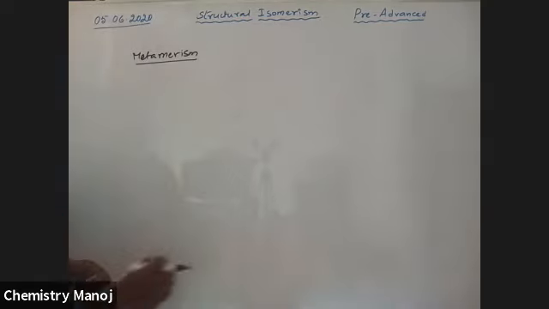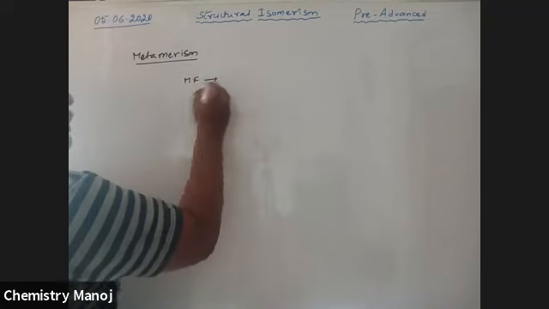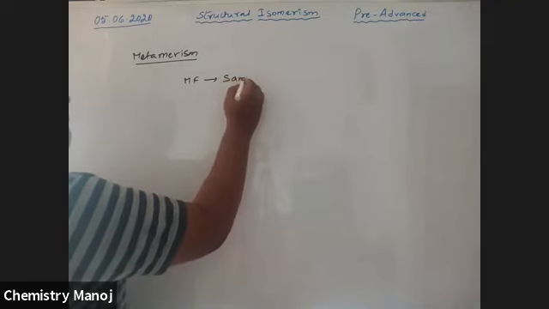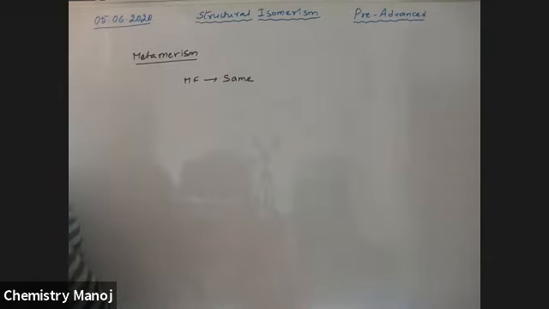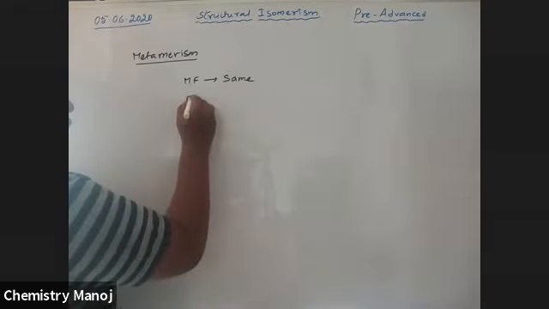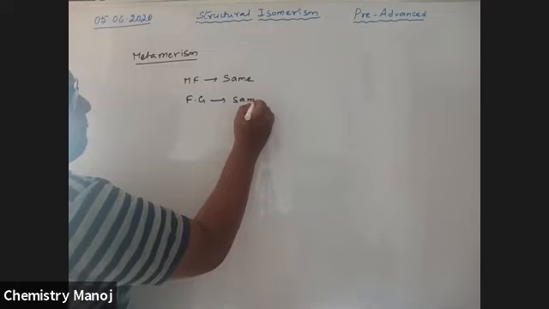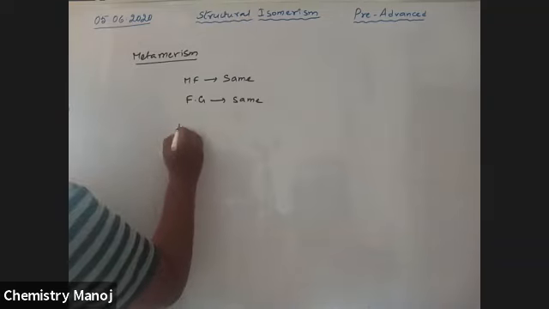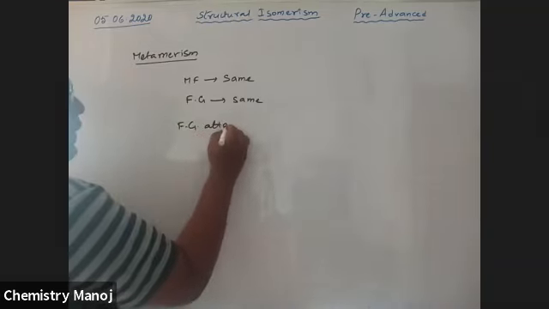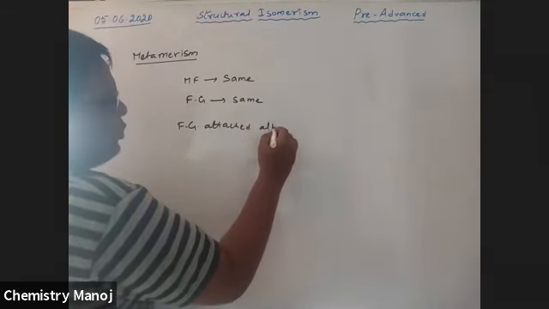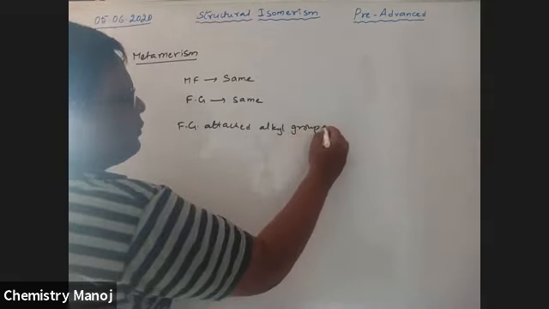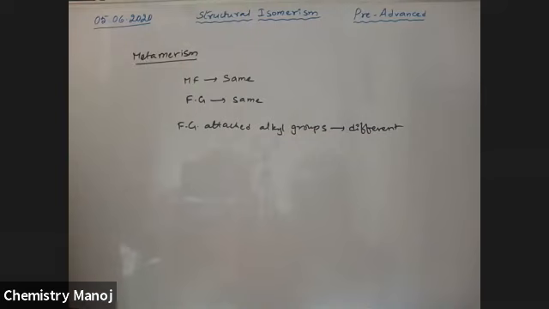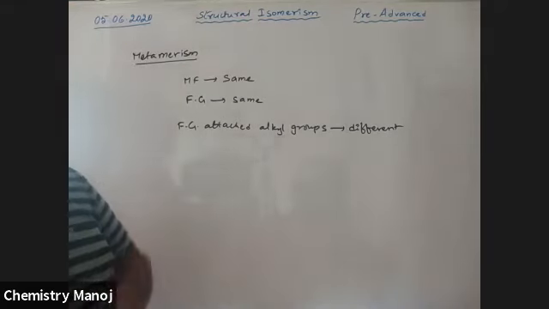Here, first, the molecular formula of the considered compounds is the same. Next, the functional group is also the same. But the alkyl groups attached to the functional group are different.